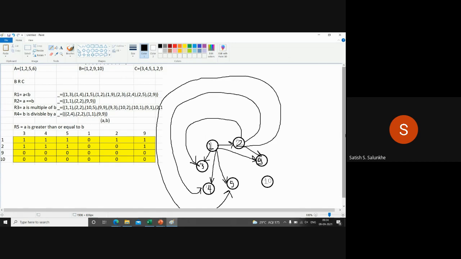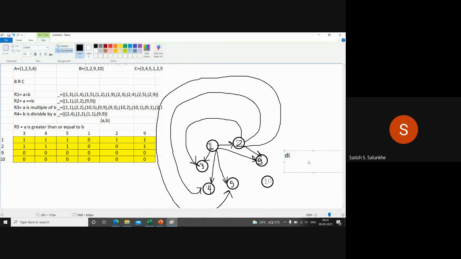Okay, so this is the way you represent the relation R in terms of graph, and in technical terms this is called a diagram.